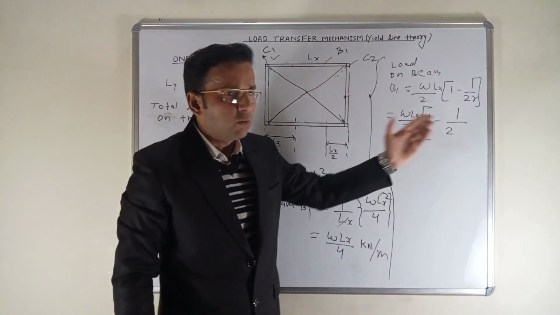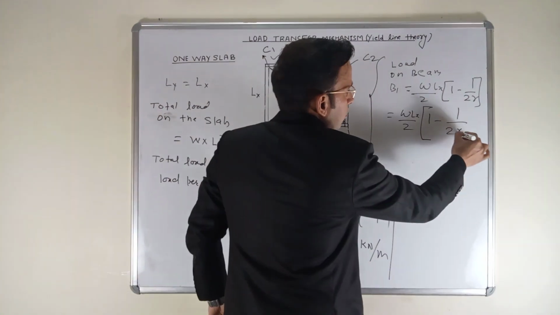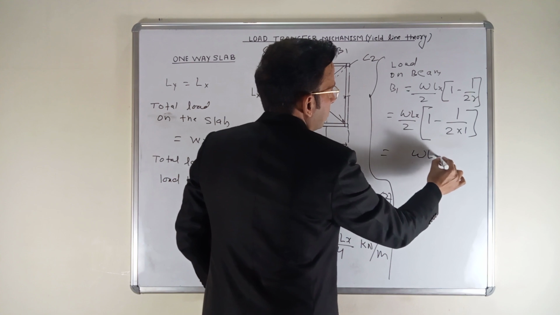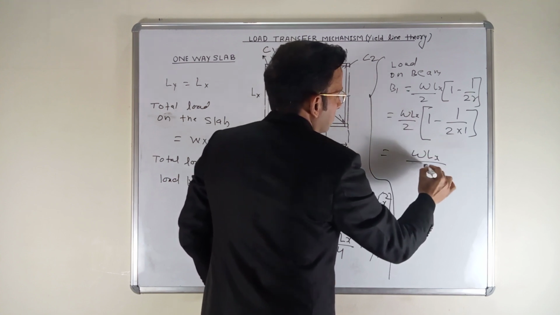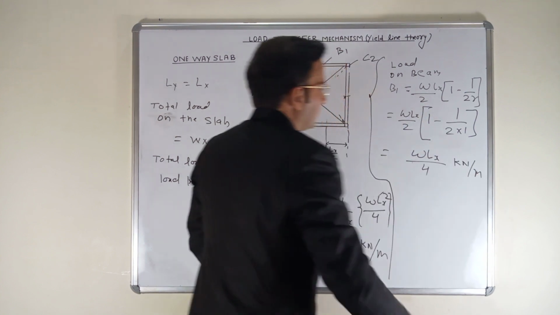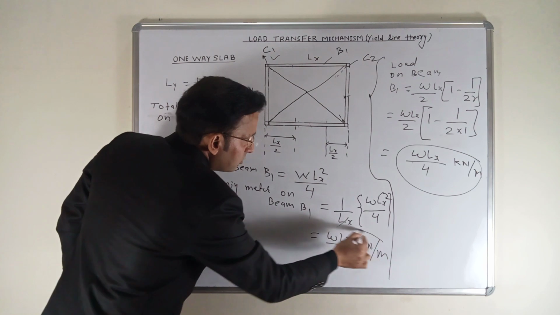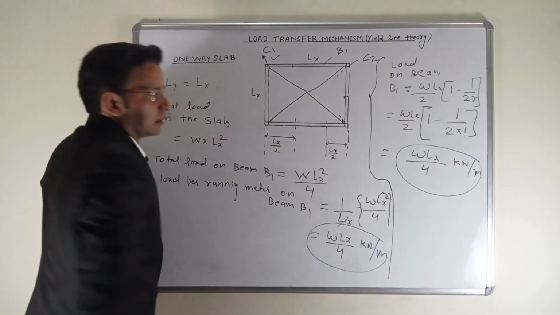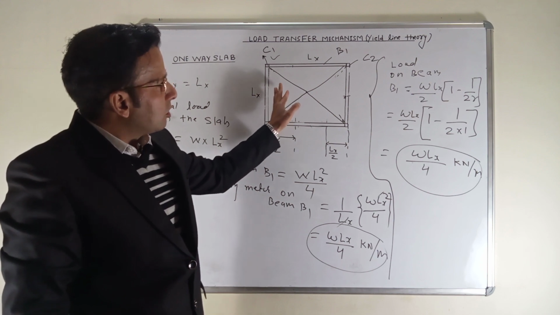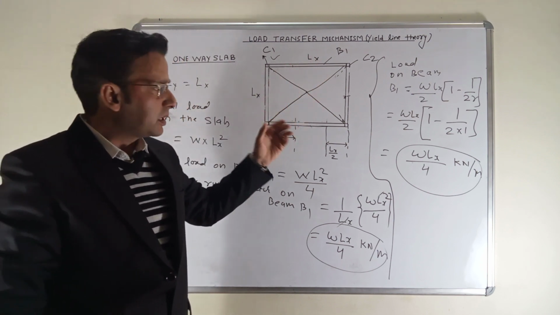R is nothing but Ly upon Lx, and Ly and Lx are equal, so it becomes 1. So finally you get W Lx upon 4 kilonewton per meter. So this value and this value is equal.